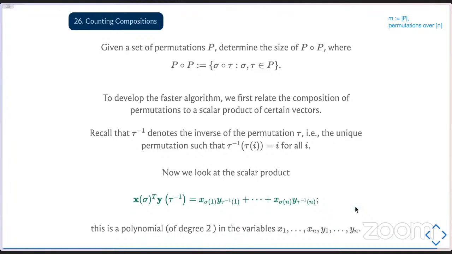This is 2n variables, so you have n x's and n y's, and the total degree is 2 because every term is a combination of one x variable and one y variable. Is the notation of the x and y vectors and what this product looks like clear? I'll move on, but let me know if anything looks fishy.